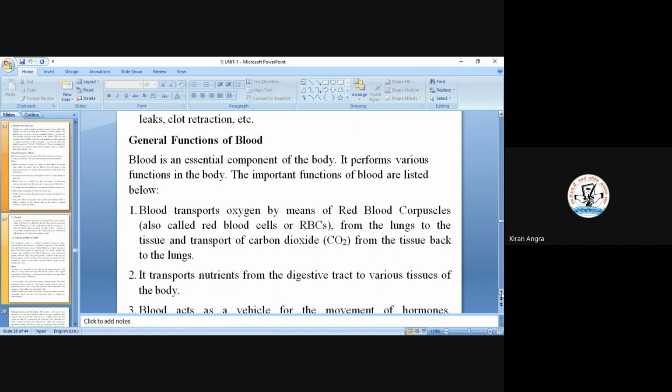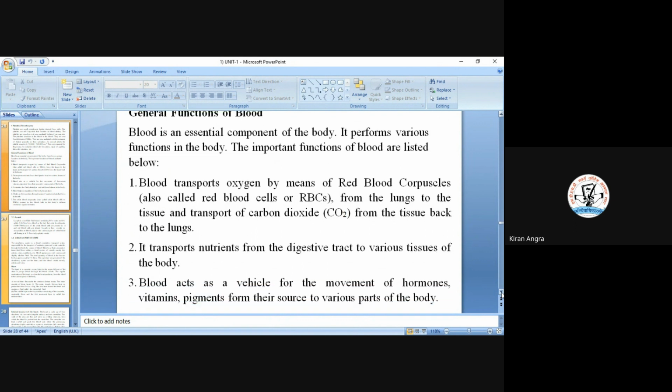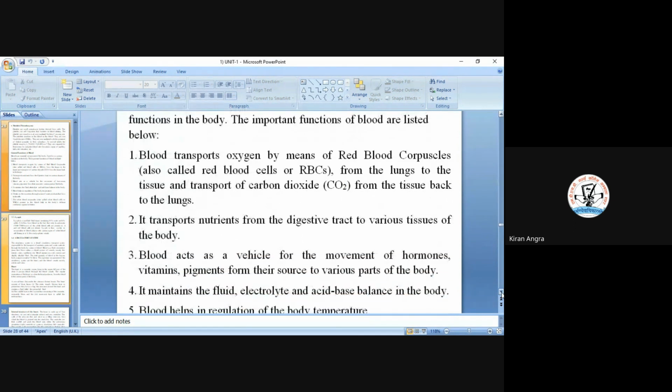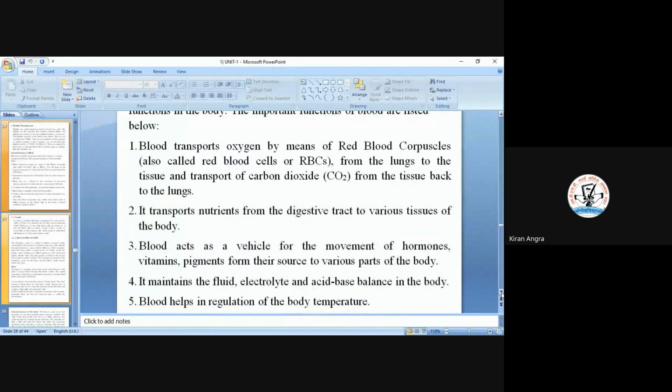Blood acts as a vehicle for the movement of hormones, vitamins, and pigments from the source to the various organs. It maintains fluid, electrolyte, and acid base balance, as I told you just now. It regulates body temperature. It helps in excretion through urine of the waste products from the cells. The white corpuscles help in the body's defense mechanism.